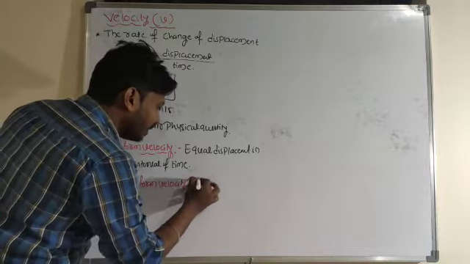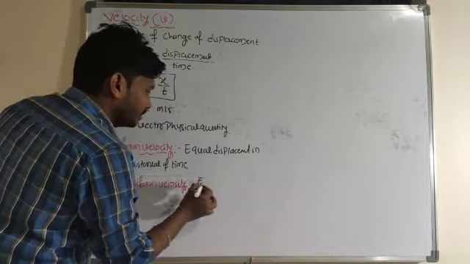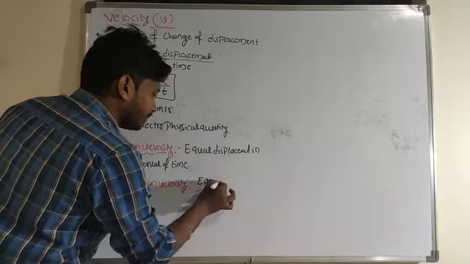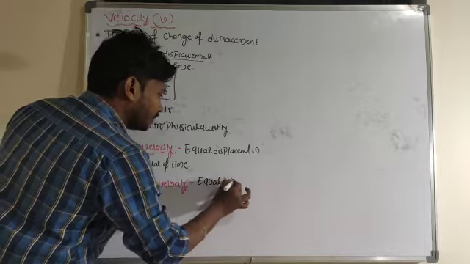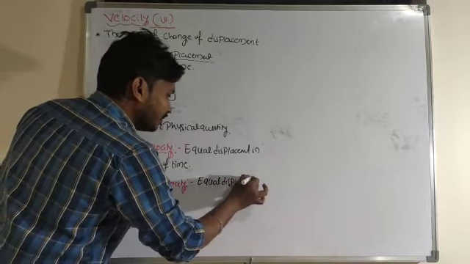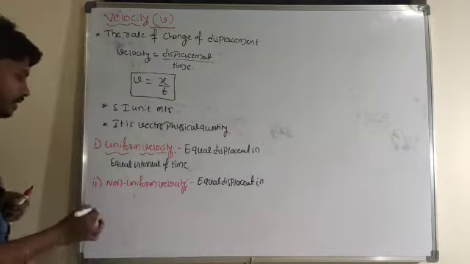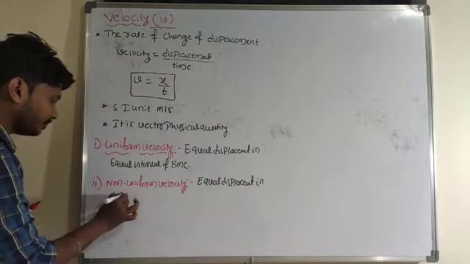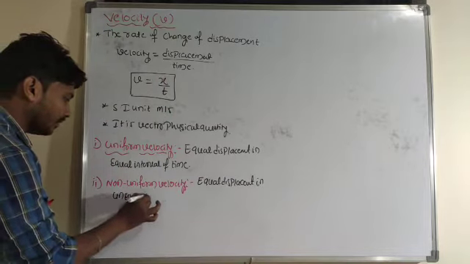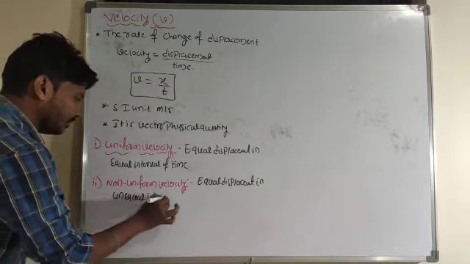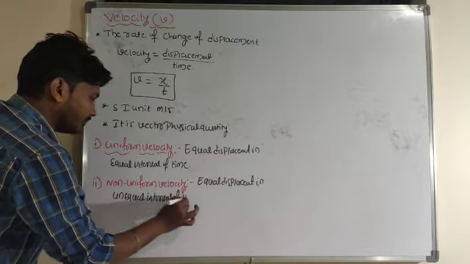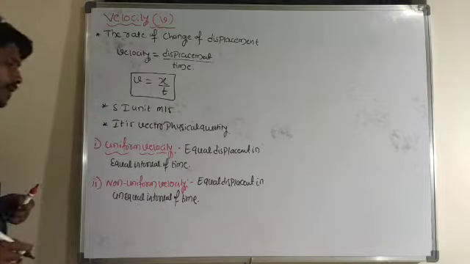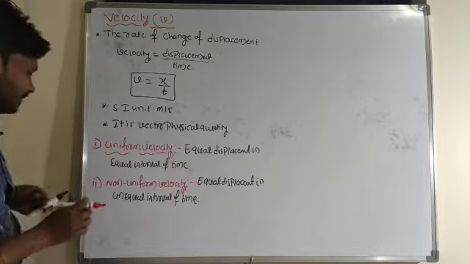So equal displacement in unequal intervals of time is known as non-uniform velocity here.